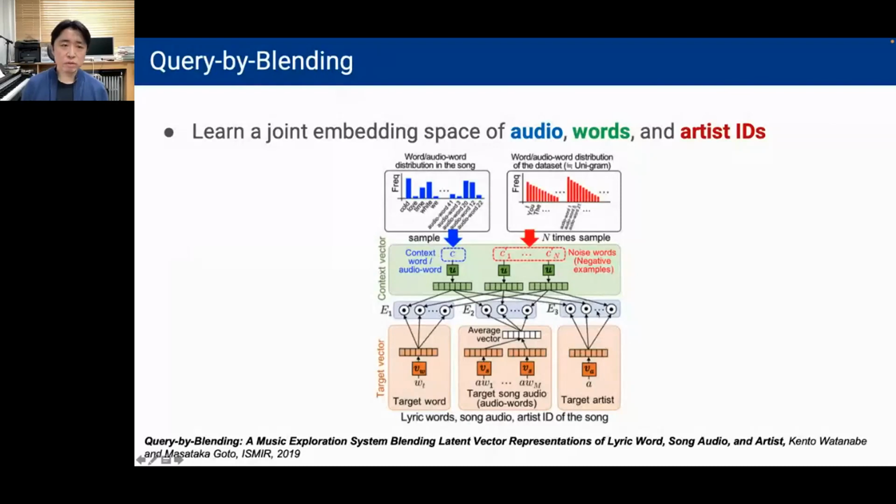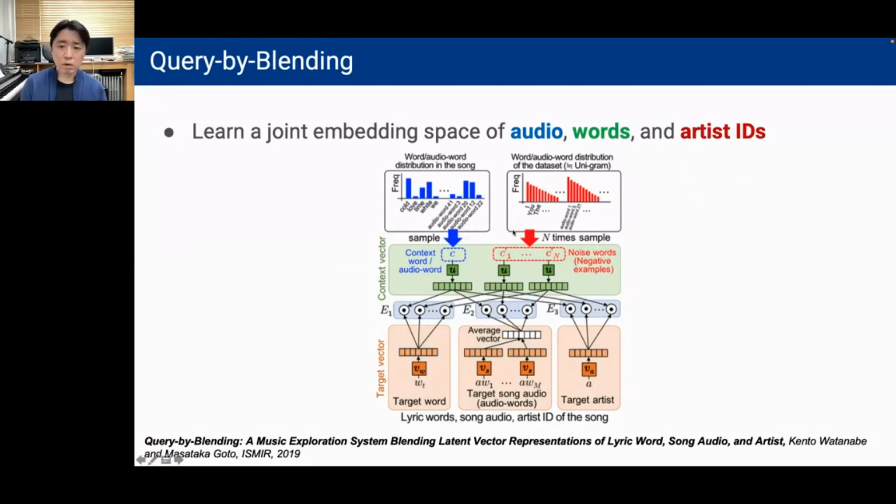To tackle the issue, query-by-blending by Watanabe and Goto proposed adding artist ID to the word embedding. In this method, they represented an audio song with a sequence of audio words using K-means clustering on MFCC audio features, and they obtained text words from lyrics, and also used artist ID as another word.